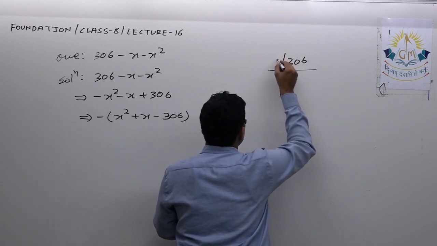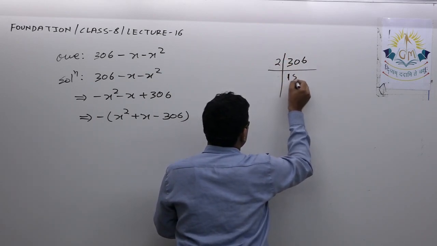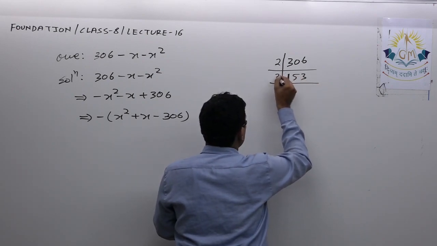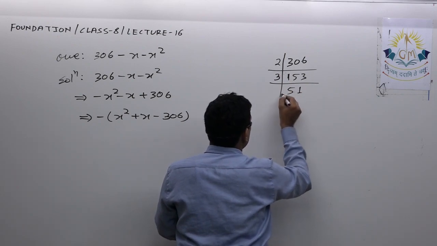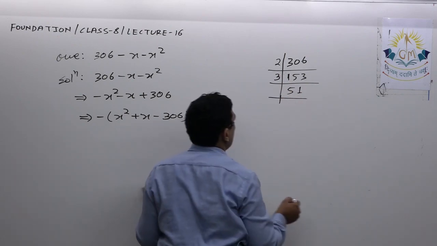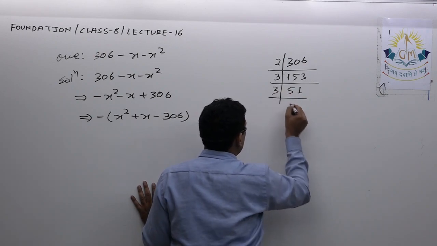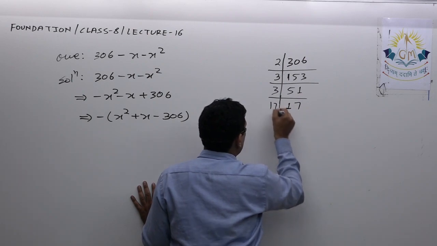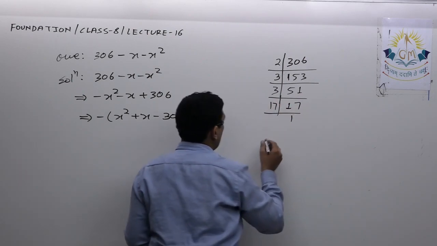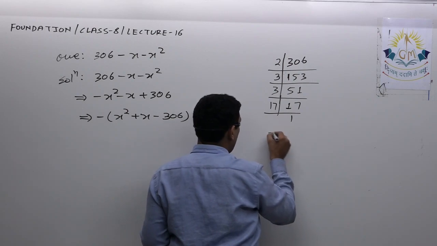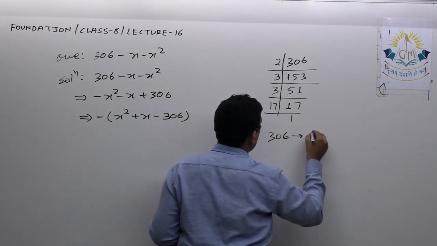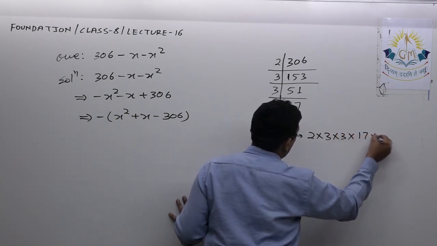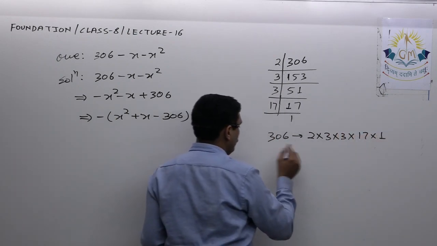So here the factors of 306 are 2 multiplied by 3 multiplied by 3 multiplied by 17 multiplied by 1.